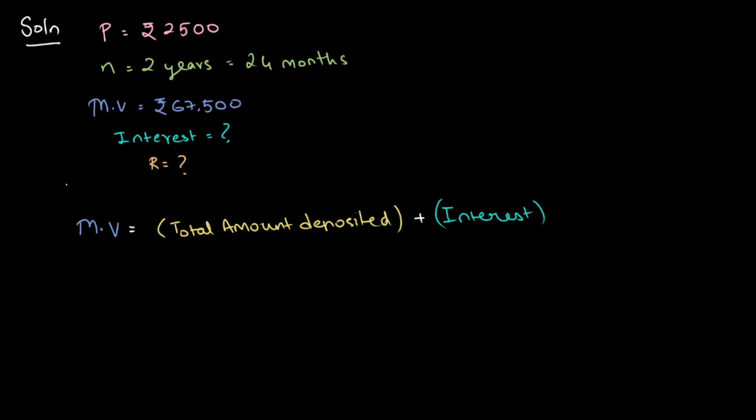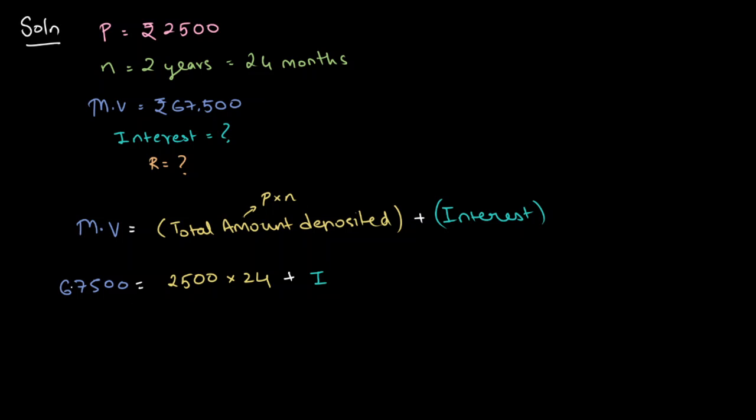So here the maturity value is given to us, so let's put that down, 67,500. If you guys remember, the total amount deposited is nothing but I'm depositing P rupees every month for N months, so it is nothing but P into N. So I'll put down that value directly. So P is 2,500 and N is 24. And to that we need to add the interest, which is basically the value that we need to find. Let's take it as I for now. Now if I solve this equation, I should be getting the value of I.